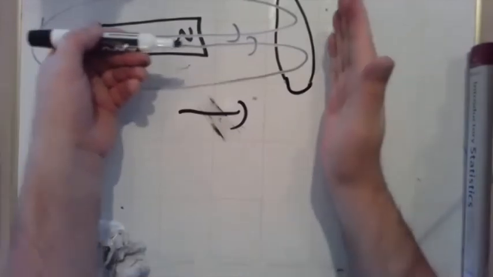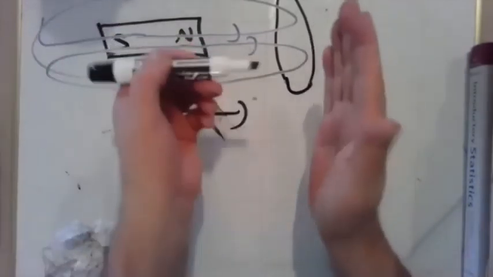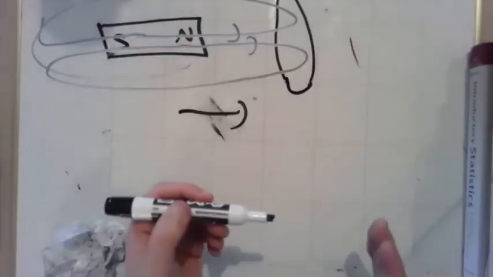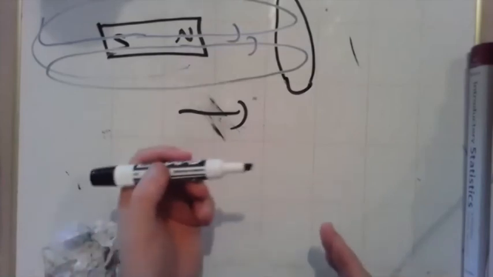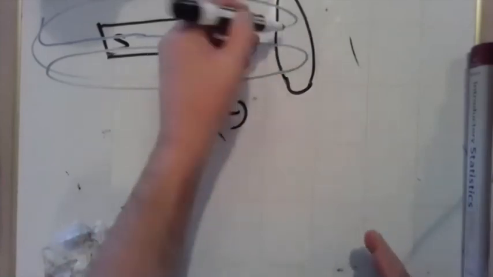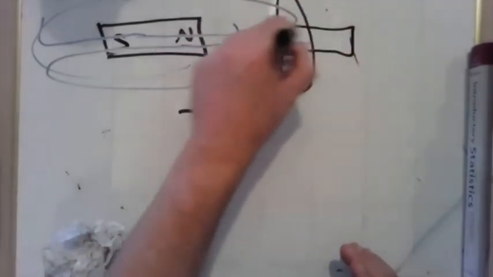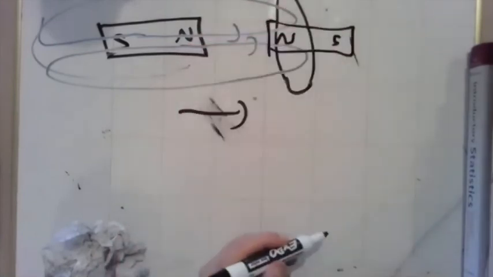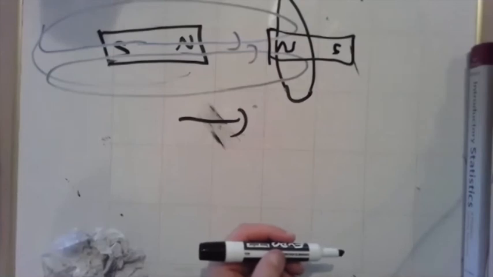These don't want to come together. Something is going to oppose me. Lenz's law says the new current tries to stop you from doing whatever you're doing. Well, what would oppose me? A different magnet here that looks like this. Try to stop me from doing what I'm doing.